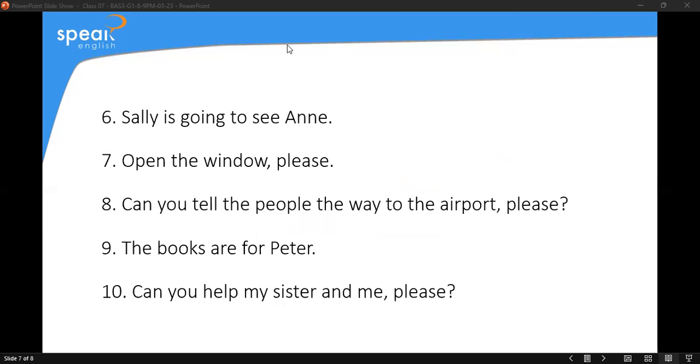Okay, now the other part should be faster because now we know how to do it. Okay, what is the object in the sentence number 6? Can you read it, please? Jacqueline, just read the sentence.